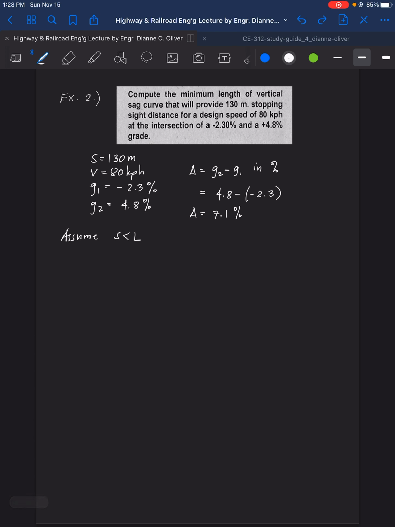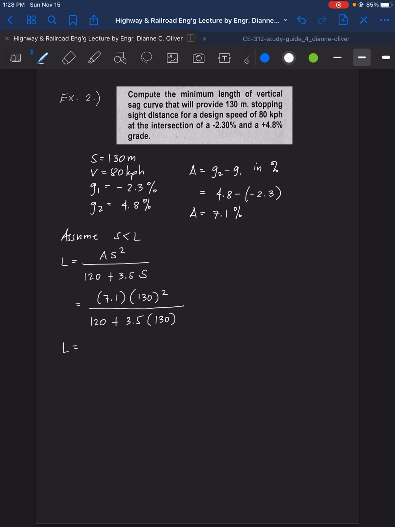So assume S is less than L, and the formula for L for this condition is A S squared over 120 plus 3.5 S. Input the value, this is 7.1, then S is 130 squared divided by 120 plus 3.5 times 130.